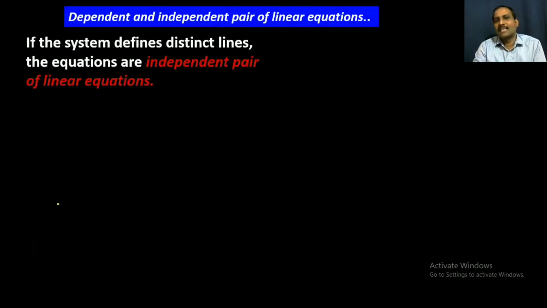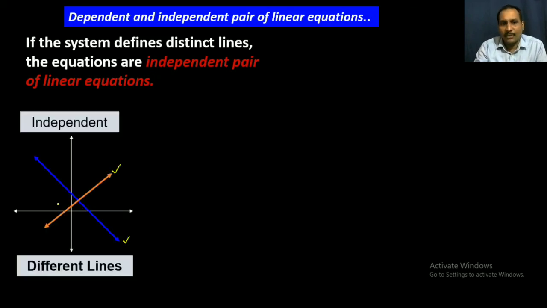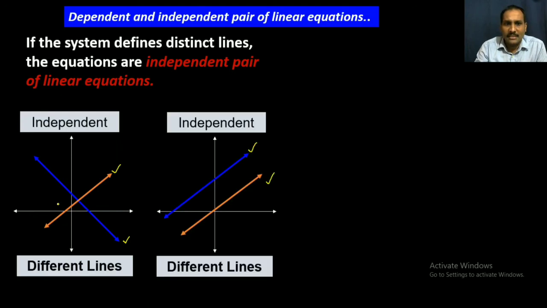If the system defines distinct lines, then those equations are independent equations. For example, if you observe here, these two lines are different. These two lines are also different. Therefore, this system is called an independent system.